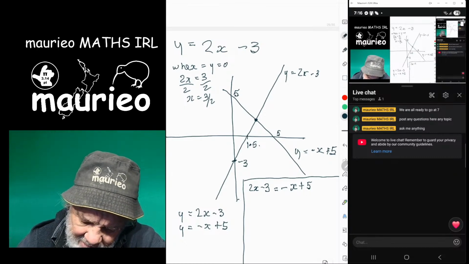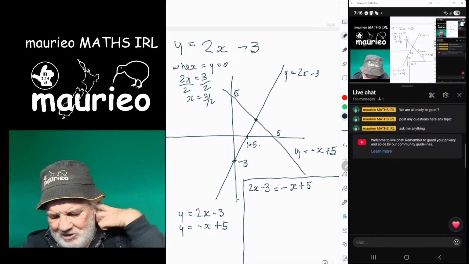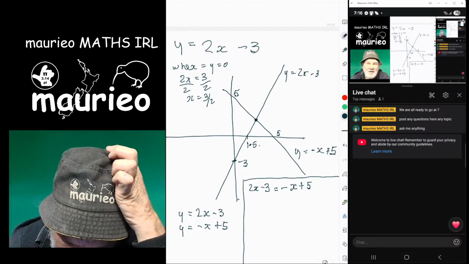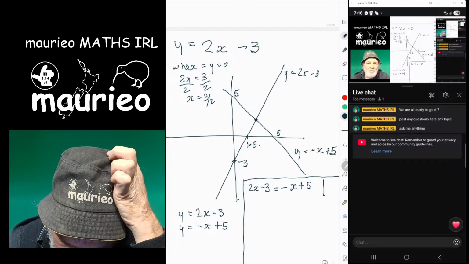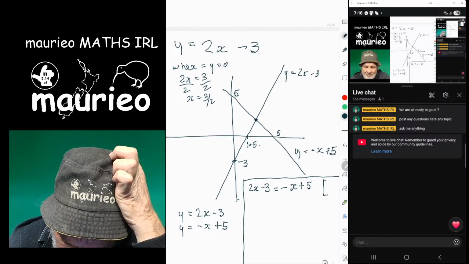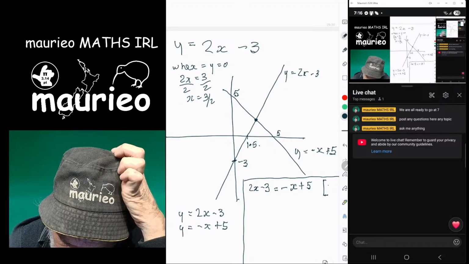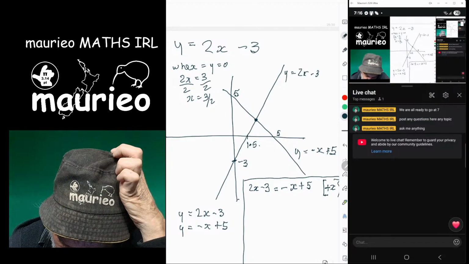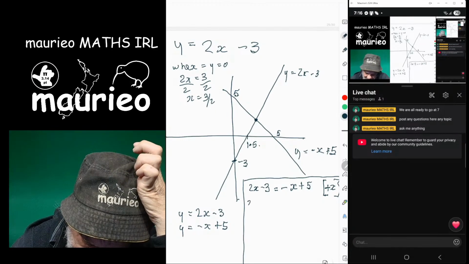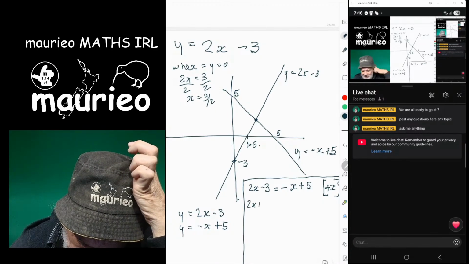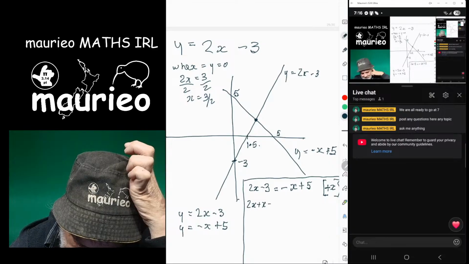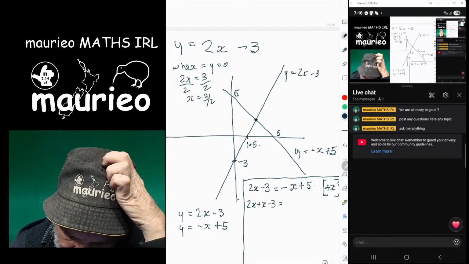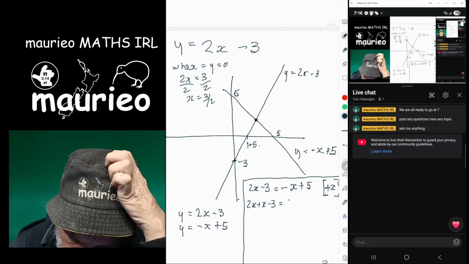And we can see there that we've got some sort of linear equation. So let's see what we can do there. If I add x to both sides, I'll get 2x plus x minus 3 equals negative x plus x, they'll cancel, it equals 5.